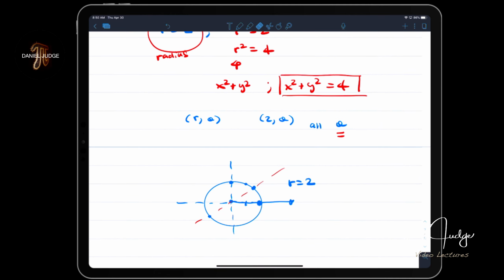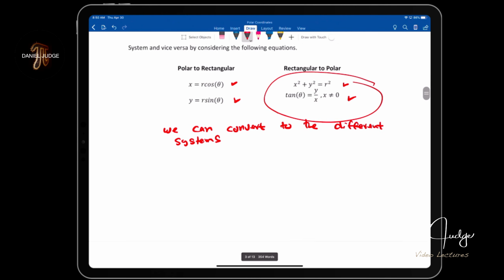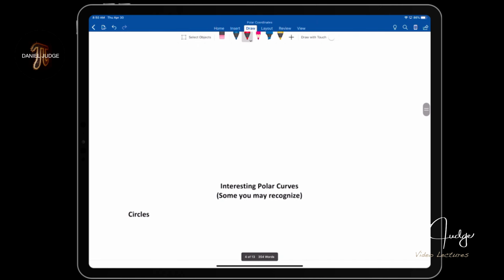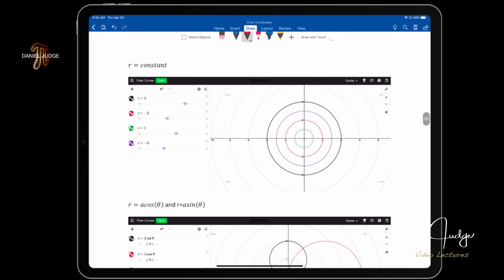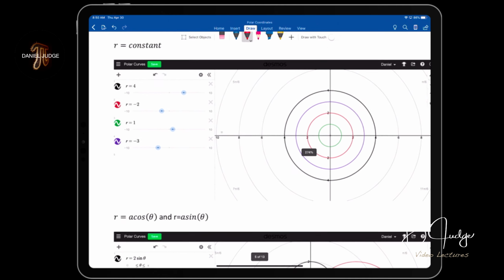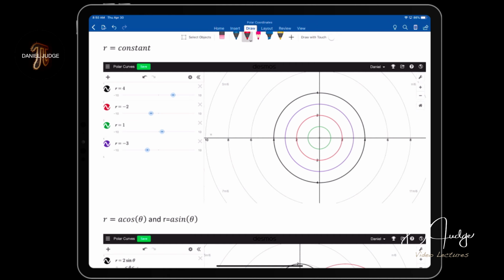So what I did for you guys, if we look at this worksheet here, polar curves, R equals a function of theta, and actually even relations. These are circles. I gave you guys R as constants here. So you can see for all of these values, I do have different circles, even if the radius is negative, because if you square it, it's positive, right?